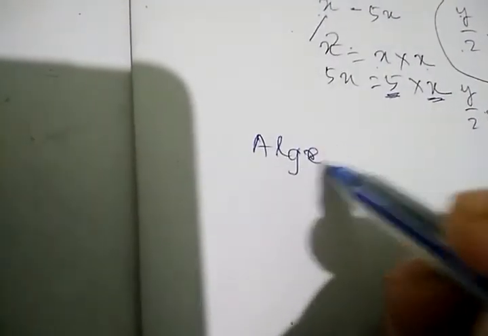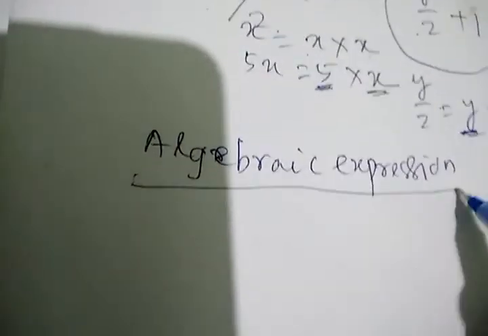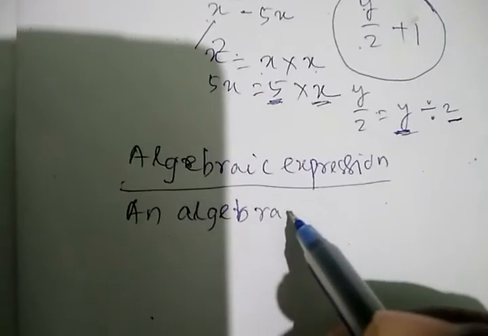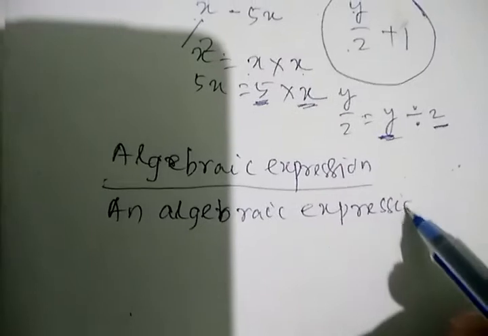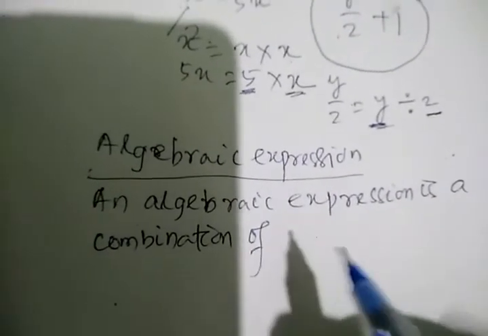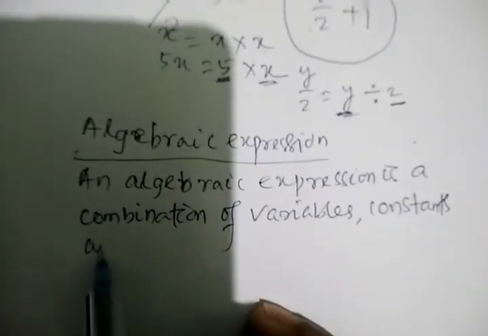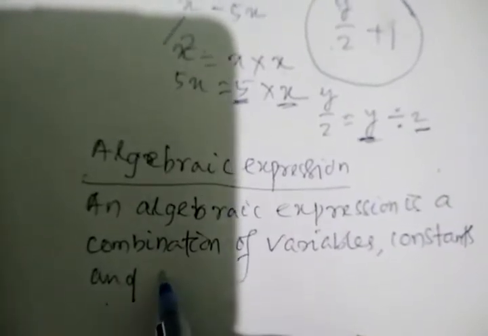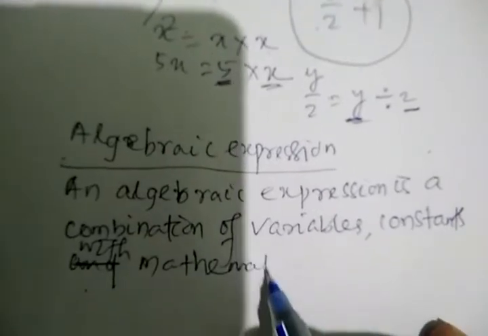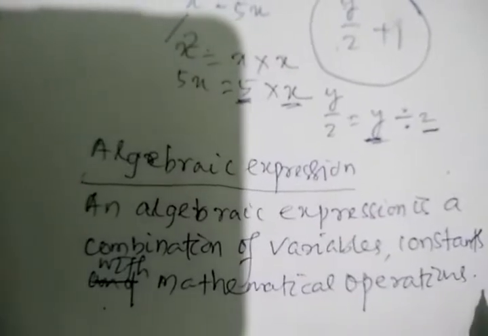What is an algebraic expression? An algebraic expression is a combination of variables, constants and mathematical operations like addition, subtraction, multiplication and division.